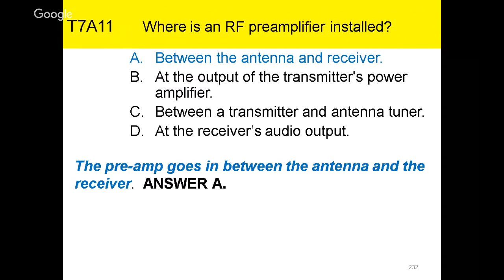But if it's a weak signal, it doesn't get distributed out because of the loss through your splitters, combiners, coax and things of that sort. It really requires a preamplifier to boost that weak signal before it sends it out to the TVs and the rest of the house.